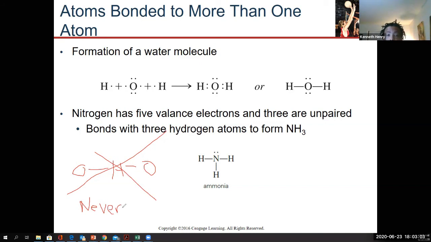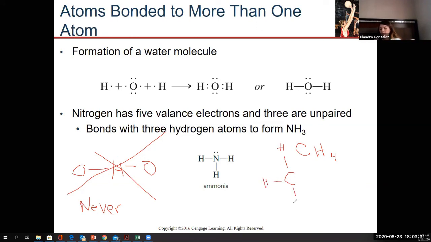Okay? So anytime that you have a molecule with hydrogen, you know that another atom has to go in the middle. So let's say we have something like this. Who's going in the middle? Carbon. Okay, so this one is an easy one. This is called methane.